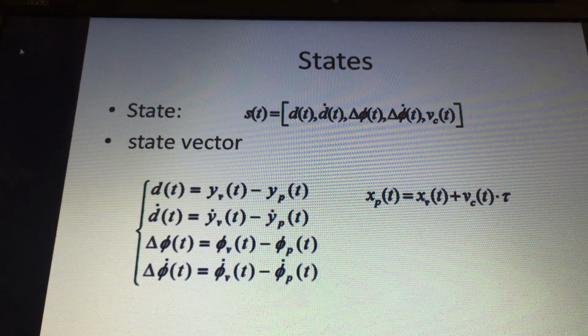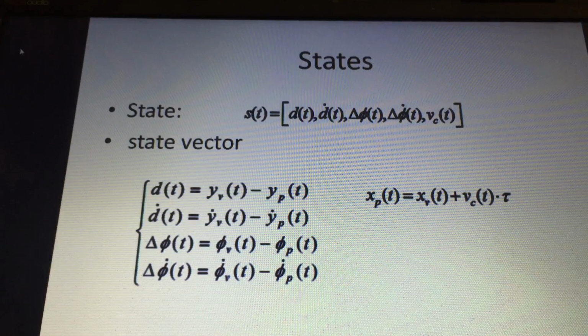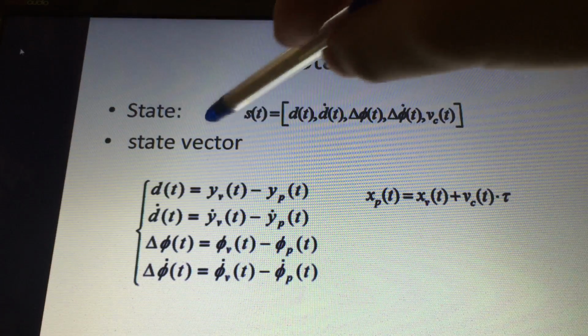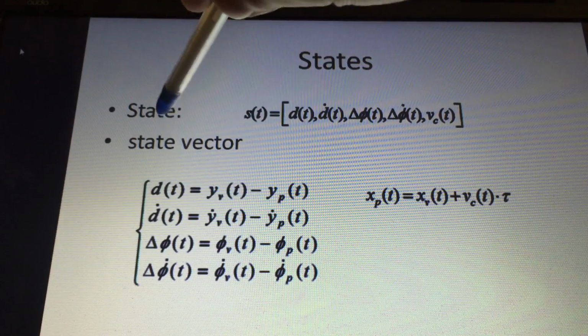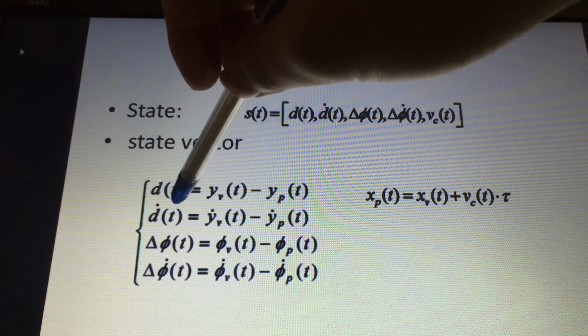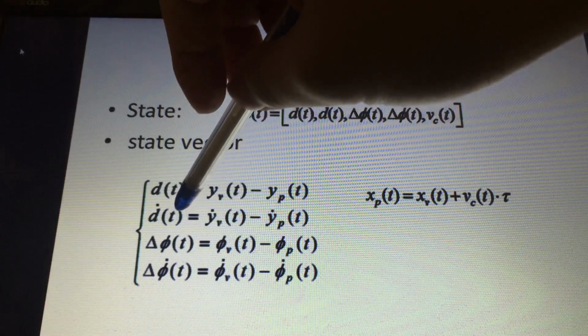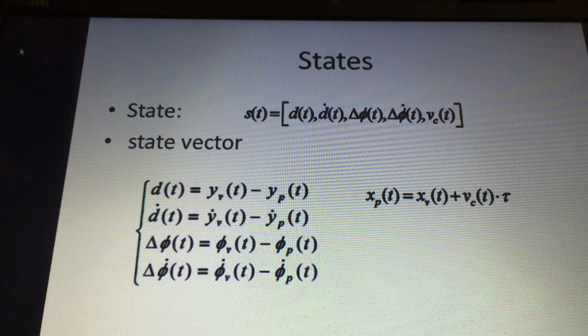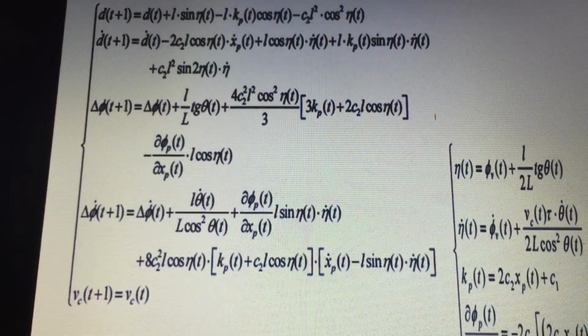So to find the state s, we also have the state vectors, calculated as the vehicle goes to point P. It has d, d dot of t, delta phi, and delta phi dot.